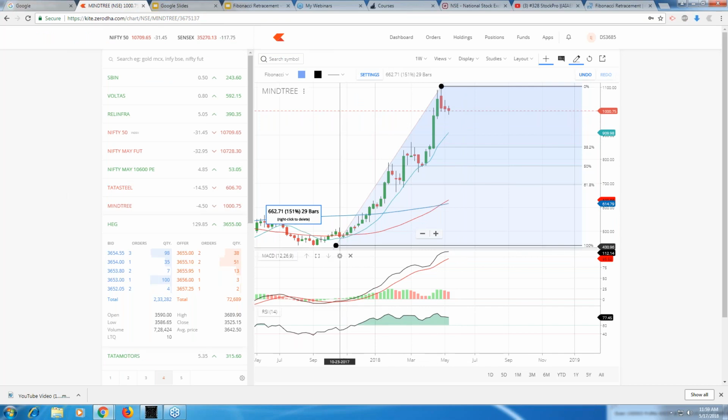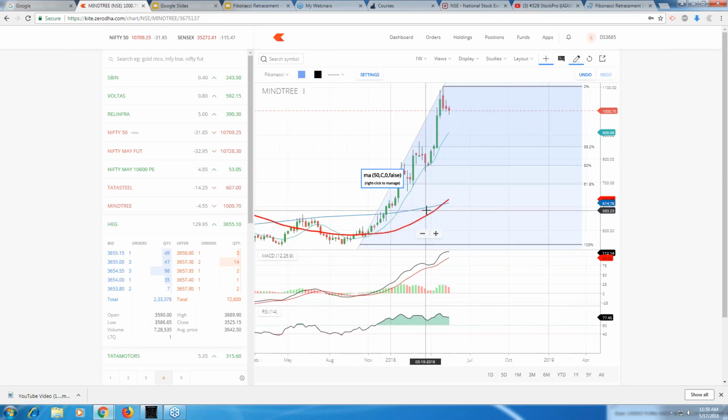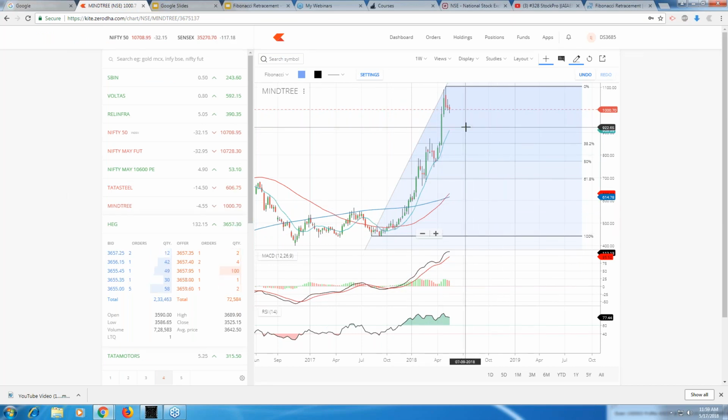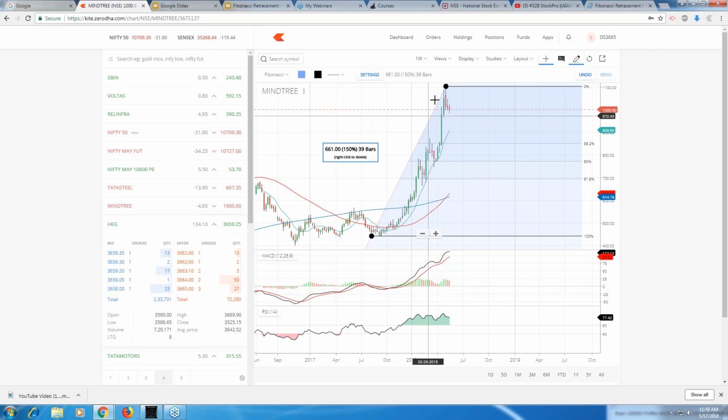So what you need to do nowadays is get the pre-calculated levels. Zerodha is not giving 23.6%, but you can calculate it, find out the difference of these two. So the bottom is at 435 and the top is at 1099, right? And we will find out 23.6% of that.